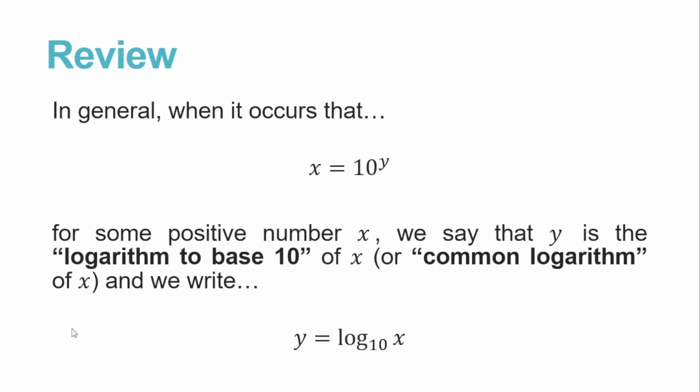In general, when x is equal to 10 raised to y, and we have a base of 10, that's what we call a common logarithm. A common logarithm is a logarithm of base 10.